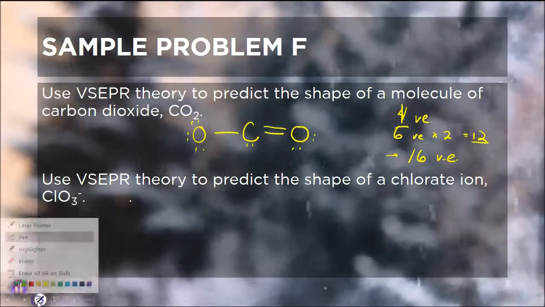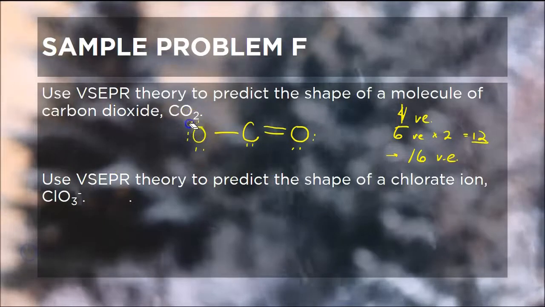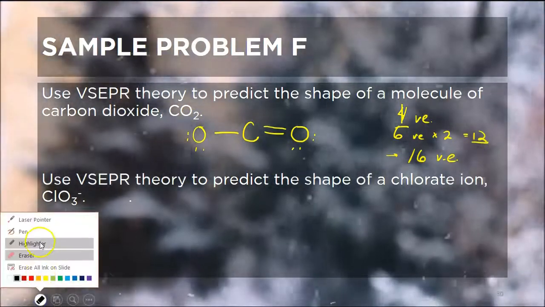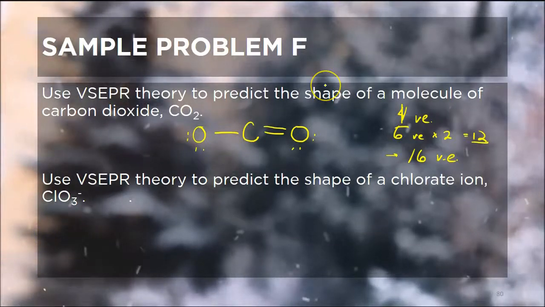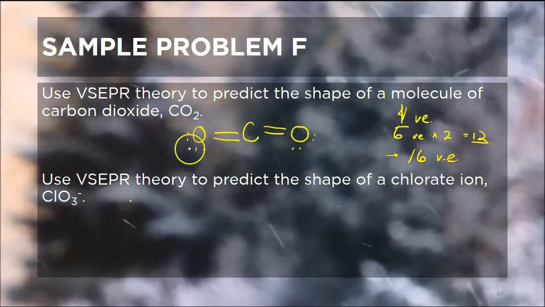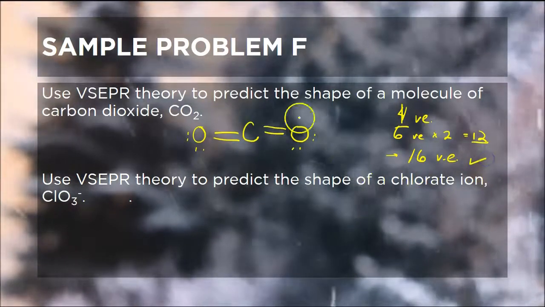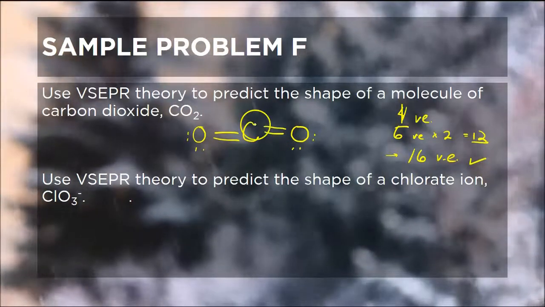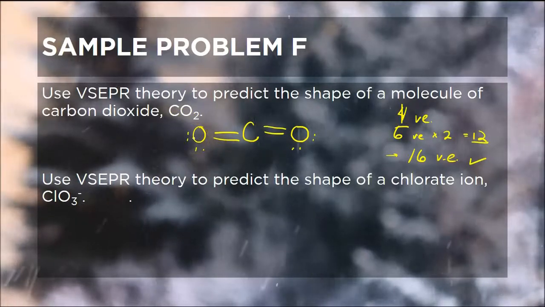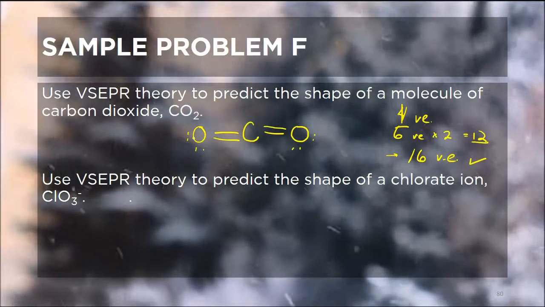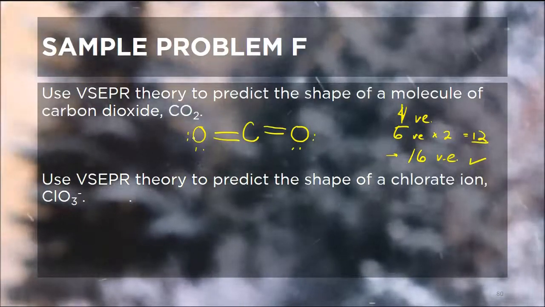So again, let's get rid of 2 lone pairs to make a double bond. Now I have 2, 4, 6, 8, 10, 12, 14, 16. Checks out. Octet, octet, octet. Everybody's happy. So this is what carbon dioxide would look like: 2 double bonds around the carbon connected to the 2 oxygens.